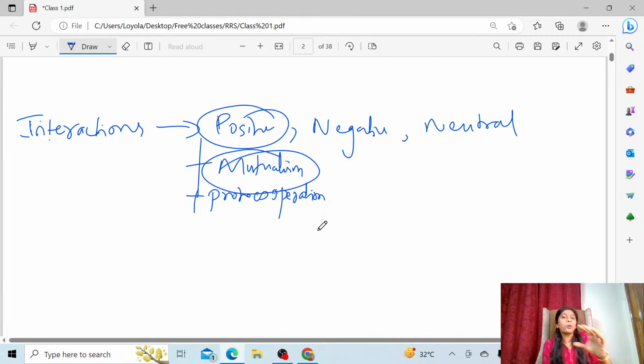But I will tell briefly, protocooperation means two organisms benefit from each other, but it is not a mandatory association. In mutualism, it is mandatory, but in protocooperation, it is not mandatory. They can live and survive alone, but if they come together, they get more benefit. Like a memorandum of understanding, they can do their duty alone, but when they come together, the strength increases.